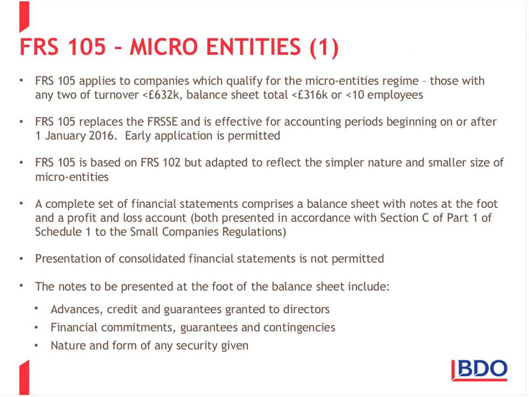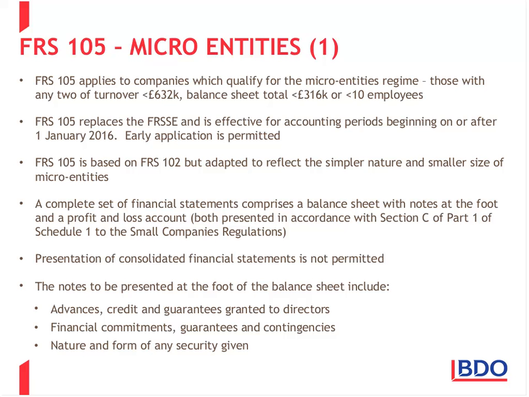FRS 105 applies to companies which qualify for the micro-entities regime, and we saw those limits earlier on. It replaces the FRSSE. It's effective for accounting periods beginning on or after the 1st of January 2016.